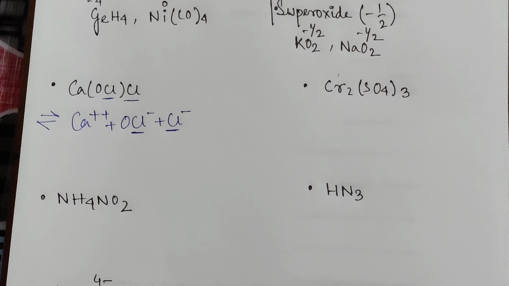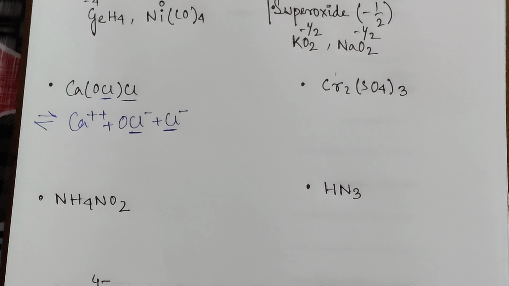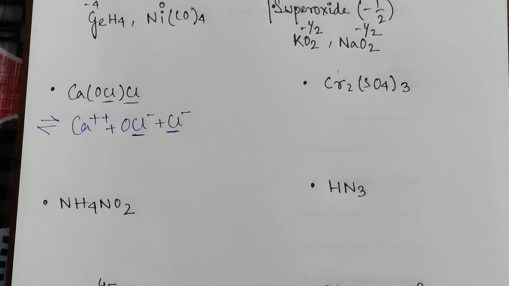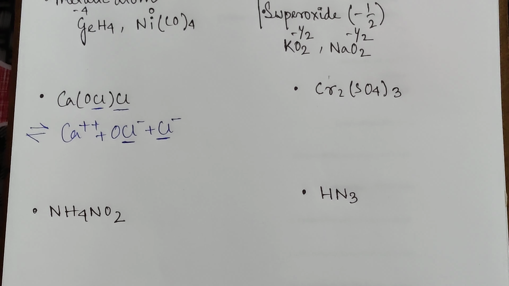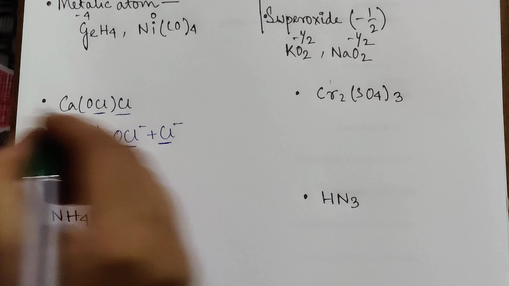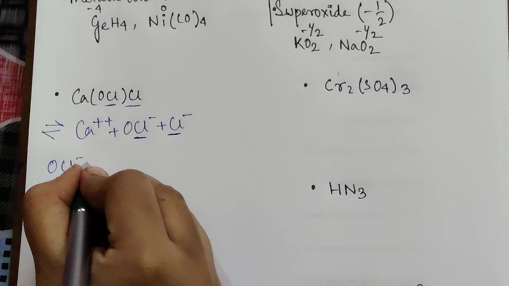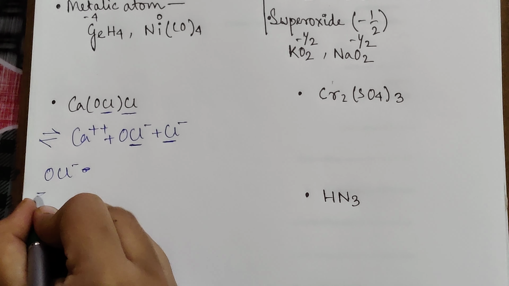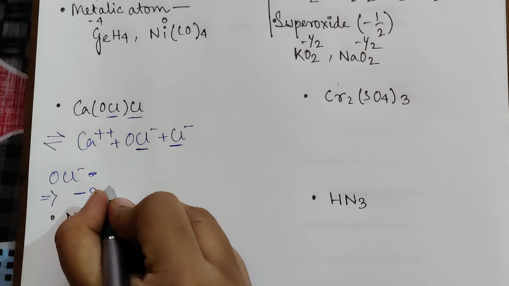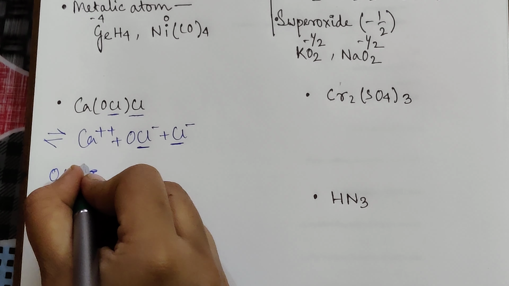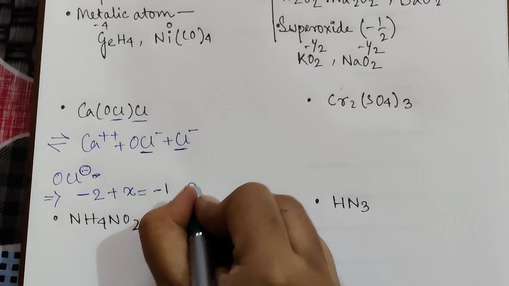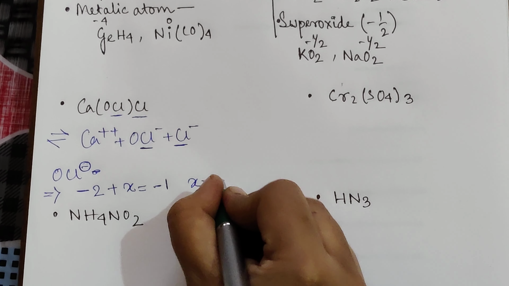For ions or radicals, we have to remember that the sum of the oxidation numbers will equal the charge of that particular radical or ion. So for example, for OCl-, it will be -2, that we know, plus x, equal to not 0. It will be equal to the charge, that is -1. So here x is equal to +1.